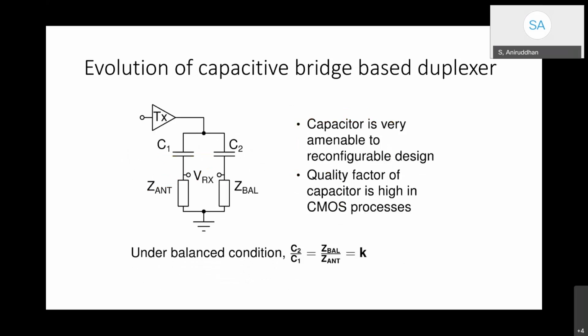A capacitive-based bridge gives you a huge advantage through the reconfigurability of the capacitance values. In CMOS technologies and in bipolar technologies, it is extremely easy to build a bank of capacitors along with switches to create a variable capacitance over a wide range of values.